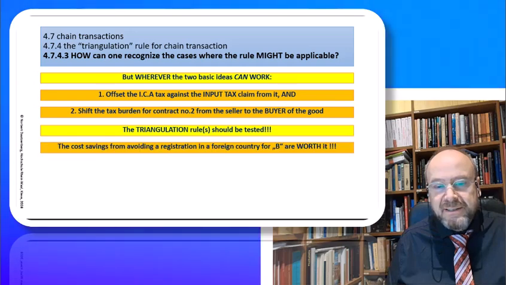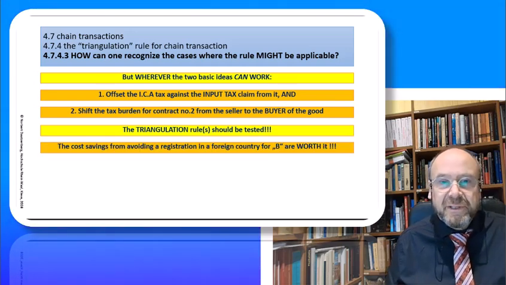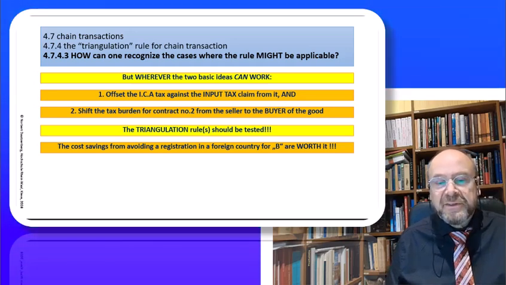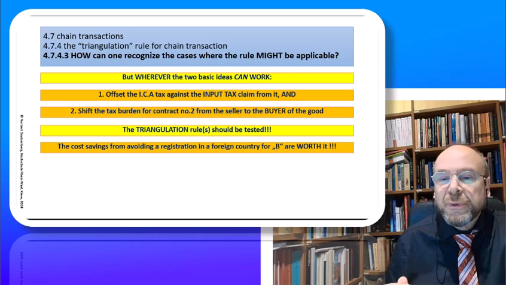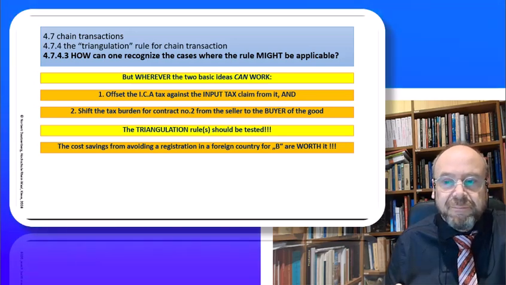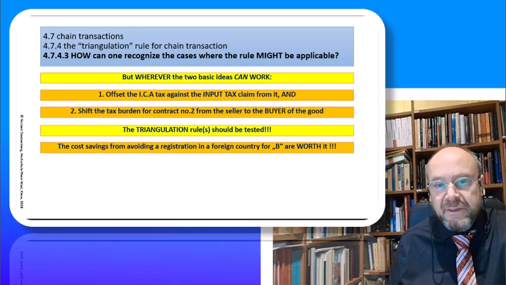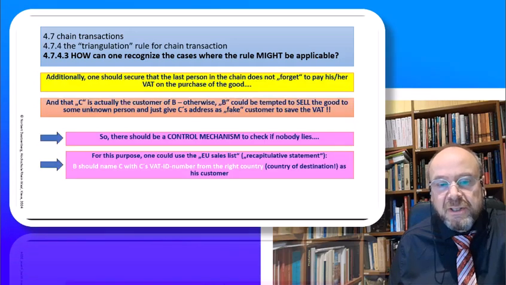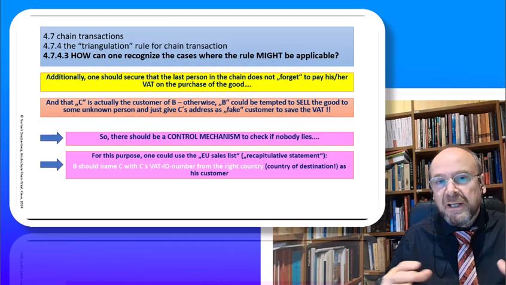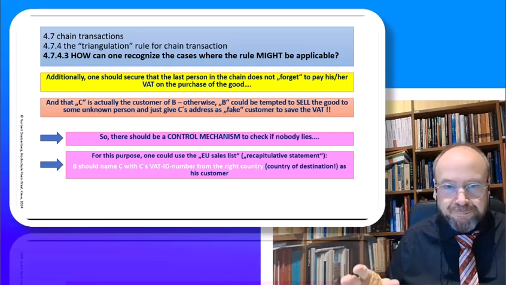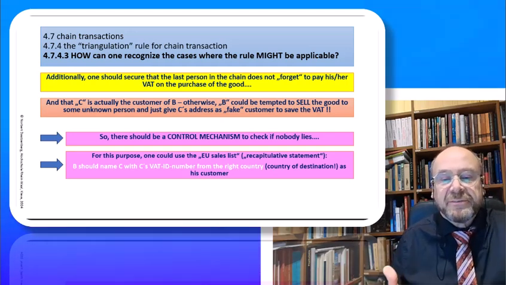So then triangulation rules should always be tested, and the costs which you can save are always worth going into details. So that's something which you should immediately recognize whenever you make a sketch of your personal situation where you are involved in a chain transaction constellation.